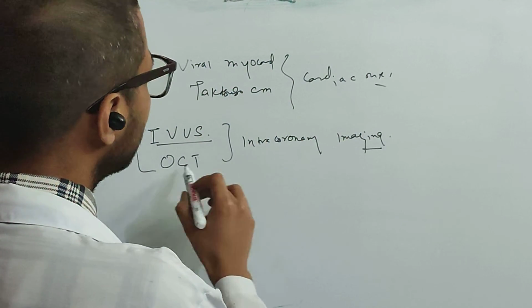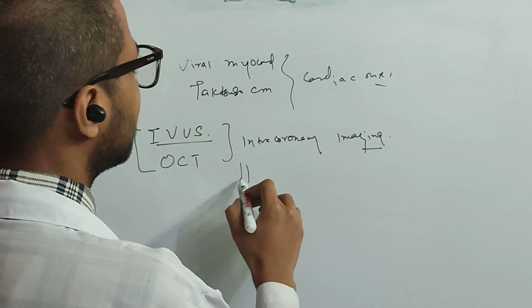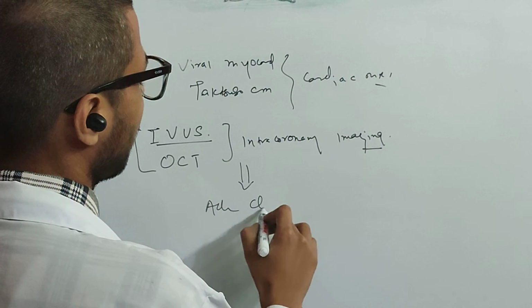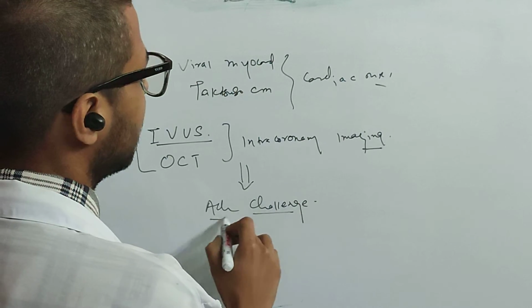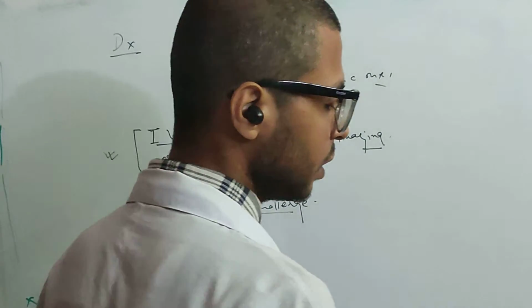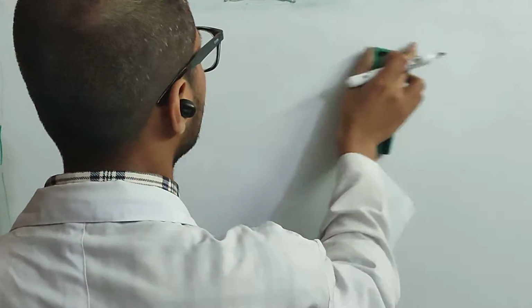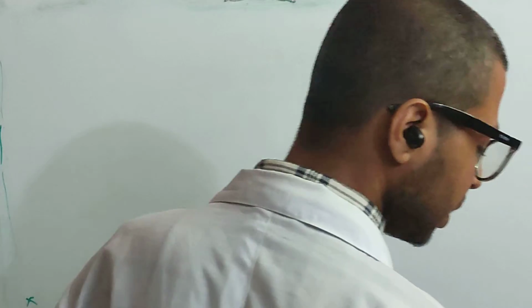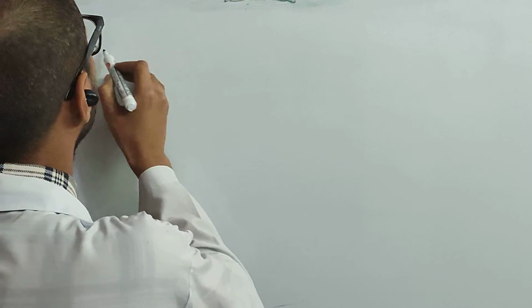And even if you don't find any abnormality on IVUS or OCT, then you can go for the acetylcholine challenge test. You inject intracoronary acetylcholine and check for a spasm. So these were the diagnostic modalities, the investigations that we should do.